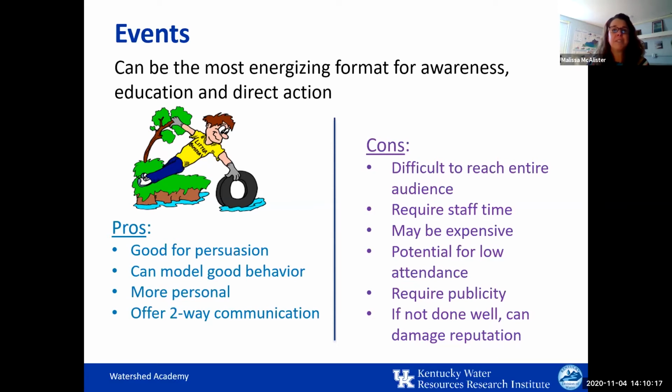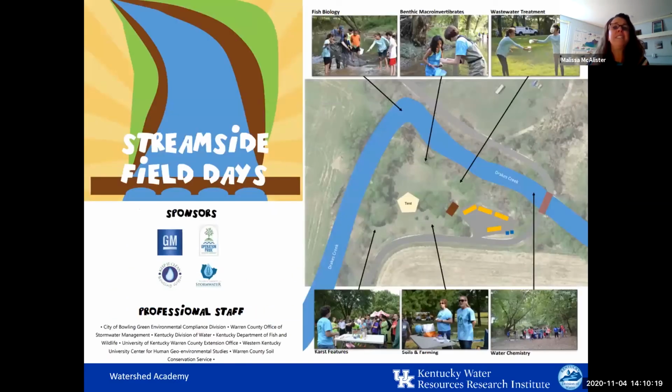really successful methods. One of these that's been done really well is in Bowling Green. They've been holding streamside field days for several years, and they've been really successful. They have really good partner support, and they have a good location along Drake's Creek where they can easily access the stream and do activities. It's a collaborative effort between Warren County, the city of Bowling Green, and a local beautification organization called Operation Pride.